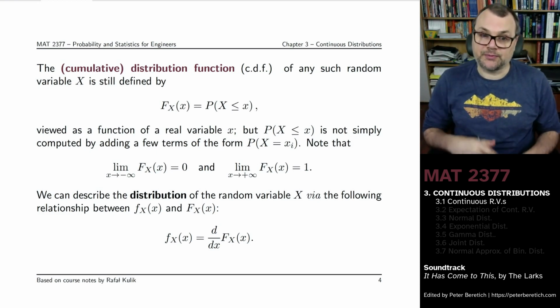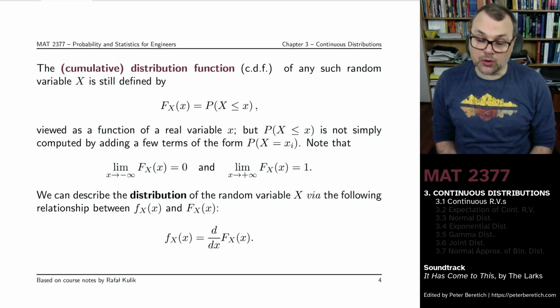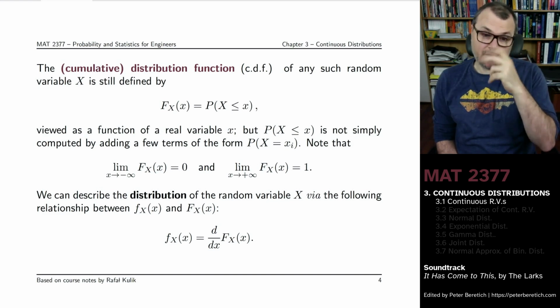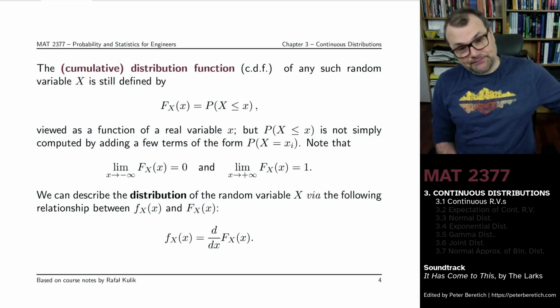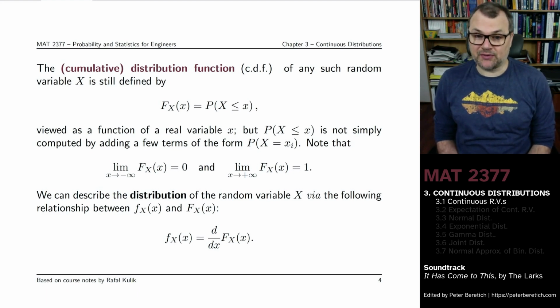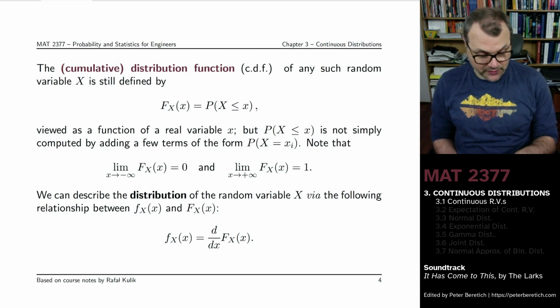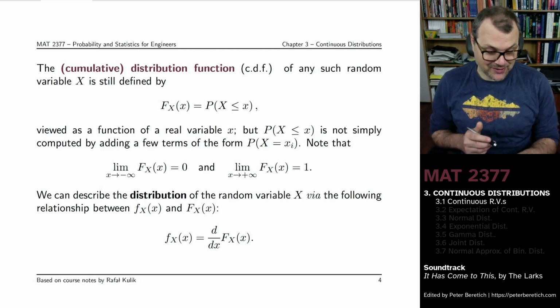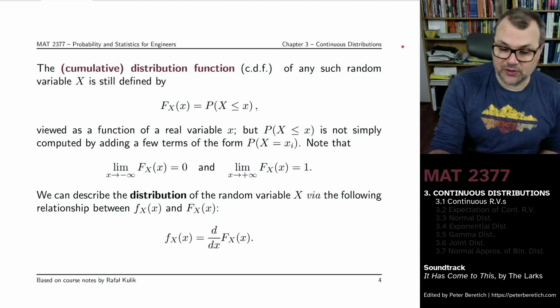That's not how it works. One of the things that we do know is that for continuous variables, the CDF has to go to 0 when x goes to minus infinity, and it has to go to 1 when x goes to positive infinity. And here it makes sense to speak of the limit. Let me draw this for you here.